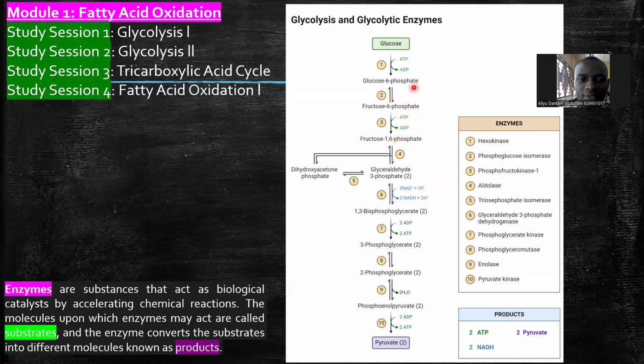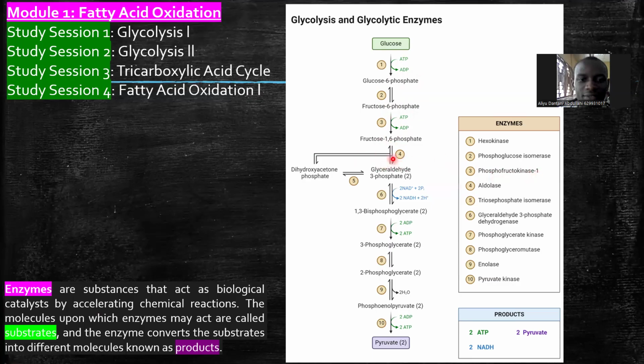So your cells, your body has invested energy into producing these intermediates of the glycolytic pathway. Now, this is your initial step of the pathway. Conversion from fructose 6-phosphate to fructose 1,6-bisphosphate is catalyzed by phosphofructokinase 1.